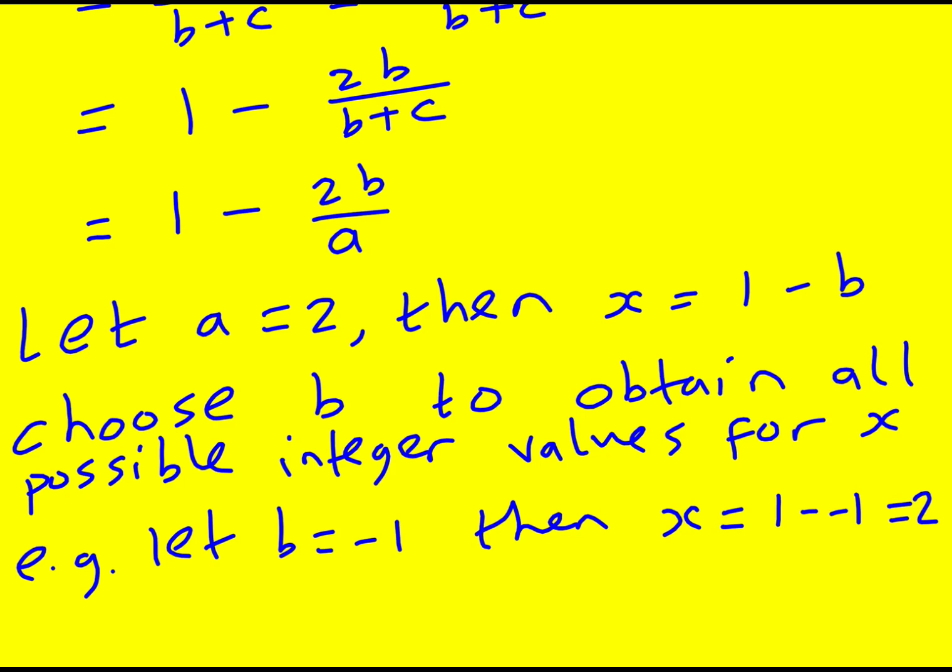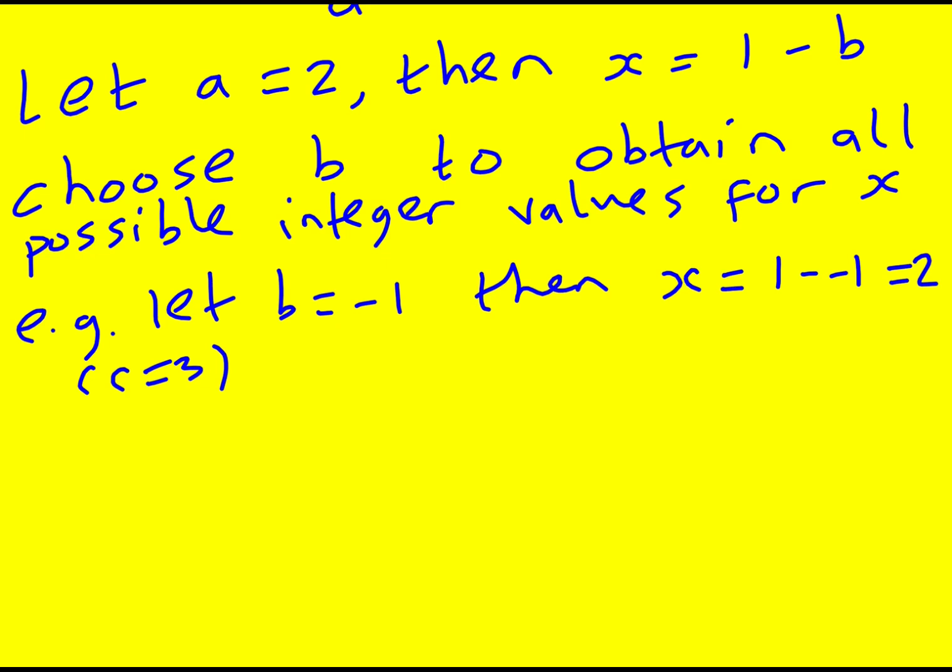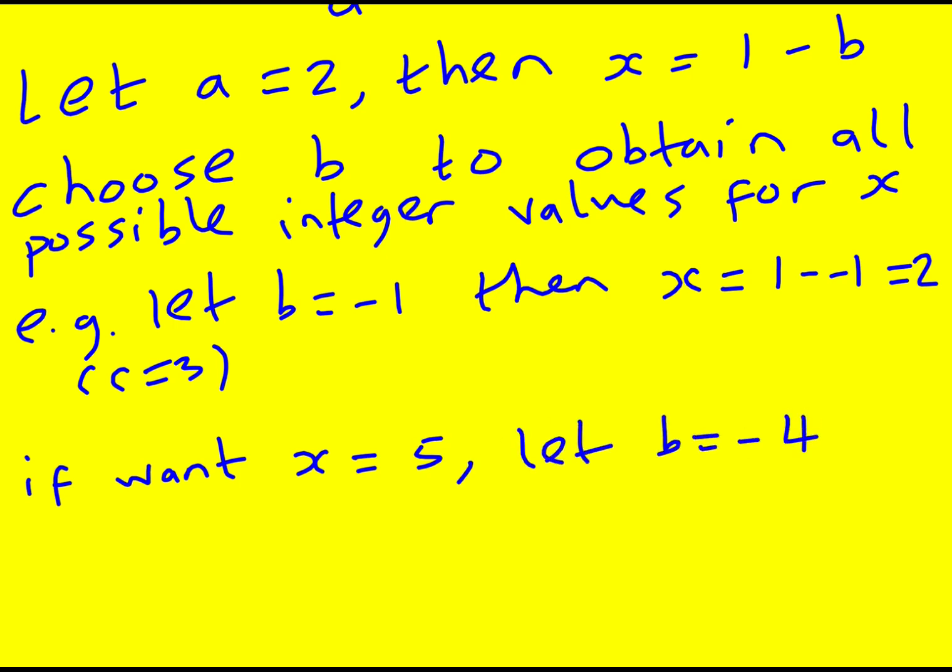In this case, I just have to remember b plus c is equal to a, so c would equal 3 here to get me the 2. And if I wanted x equals 5, let b equal minus 4.